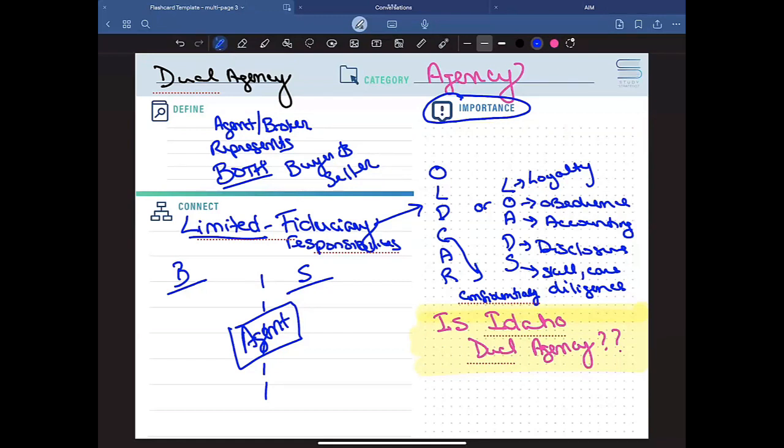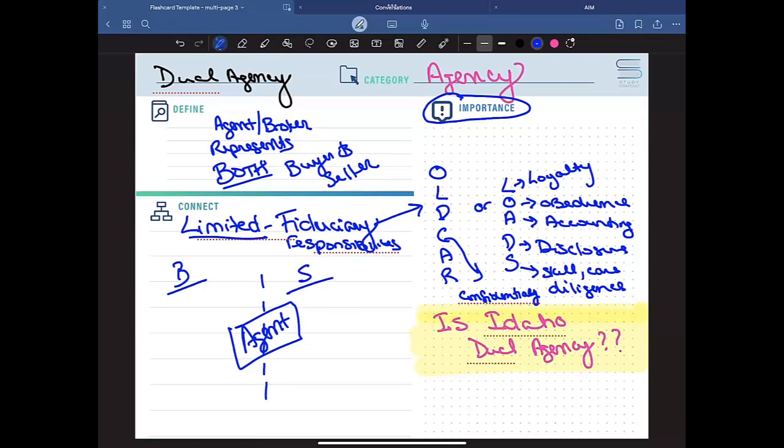And you can't tell the seller that the buyer would be willing to pay $40,000 more, because that helps the seller, but you are seriously hurting the buyer. So you have limited fiduciary responsibilities or capabilities in dual agency.